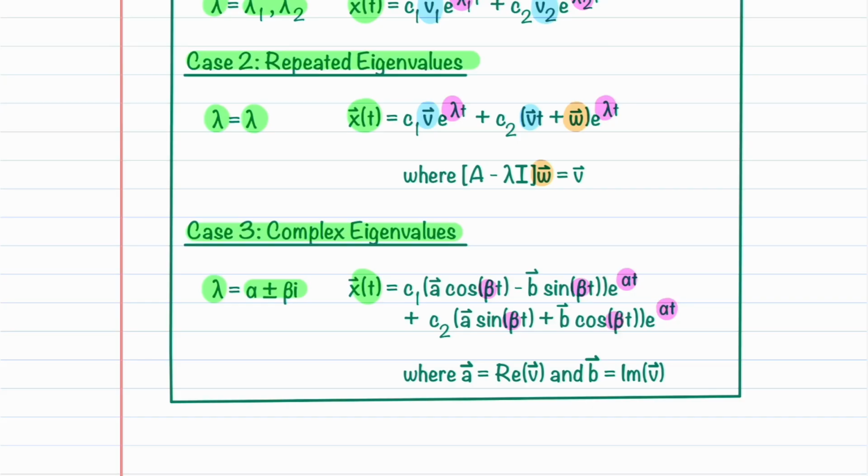Now let's think about our eigenvector. Our eigenvector is vector v, and we have to split it up into its real part and its imaginary part. a is the real part, and it's right up here in our solution, and then b is the imaginary part, and it's right here in our solution. Let's now look at some examples.